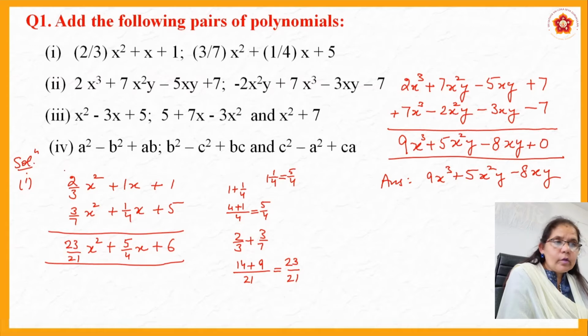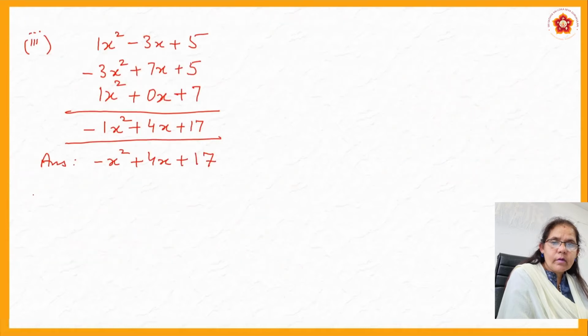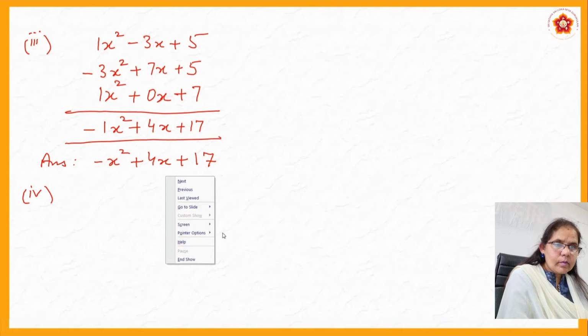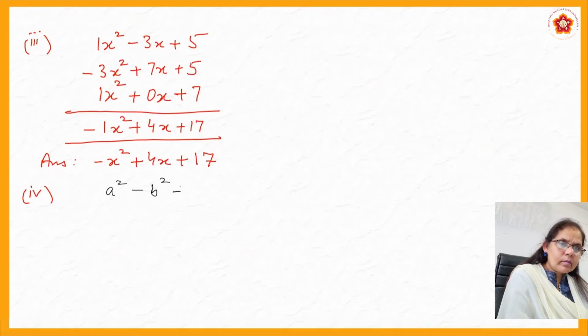Let us look at the fourth part. A square minus b square plus ab is the first term. I'll write it. A square minus b square plus ab. This is first term.